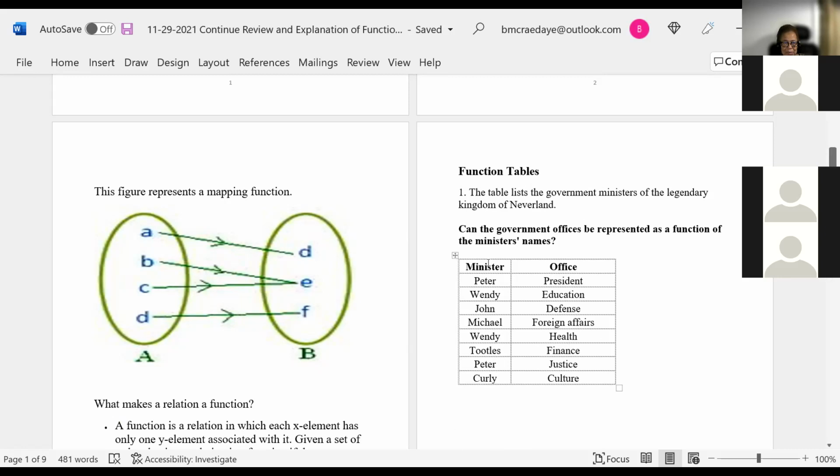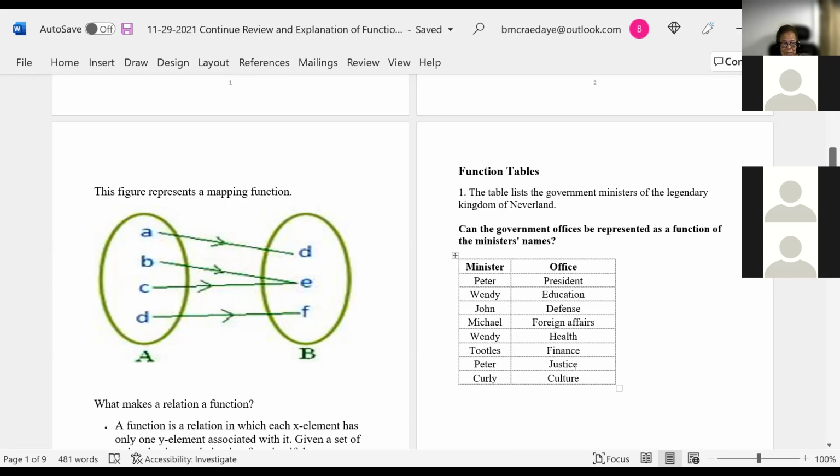On the minister. Wendy twice and Peter twice. Peter maps to president, and Peter maps here to justice. That's different. So Peter is mapping to two different offices, so that cannot be a function.